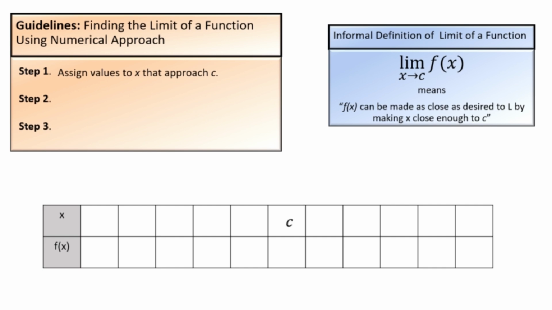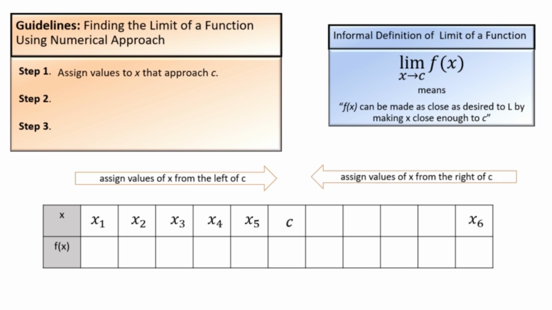There will be 2 sets of values, one coming from the left and the other coming from the right. Note that these values are chosen and arranged in a way that they are getting close to c.